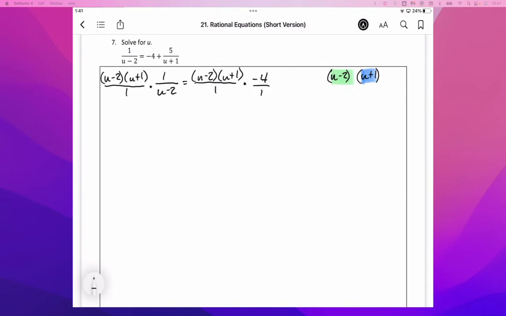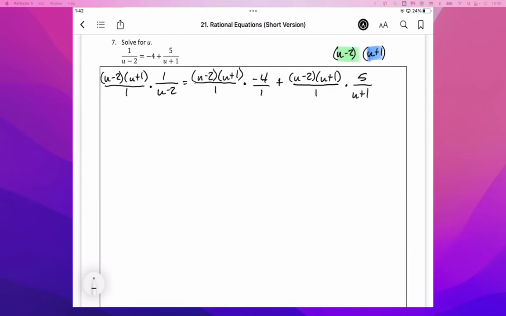I'll put it over 1 just to help myself keep track of things. And I'm going to have to move that common factor thing, because it's going to get in the way. And then we have plus u minus 2 times u plus 1 over 1 times 5 over u plus 1.